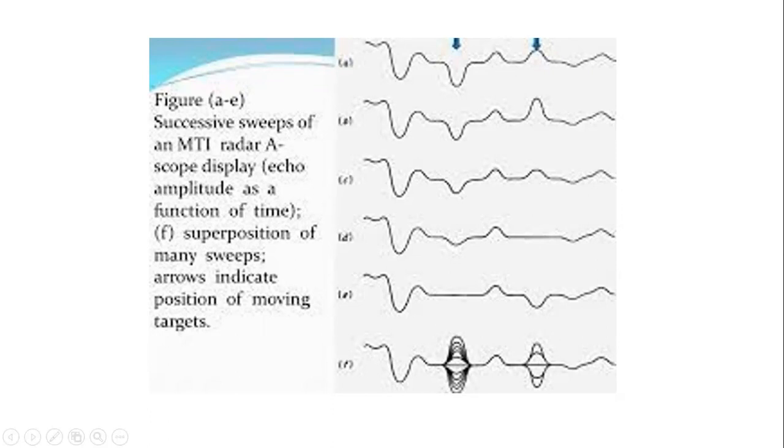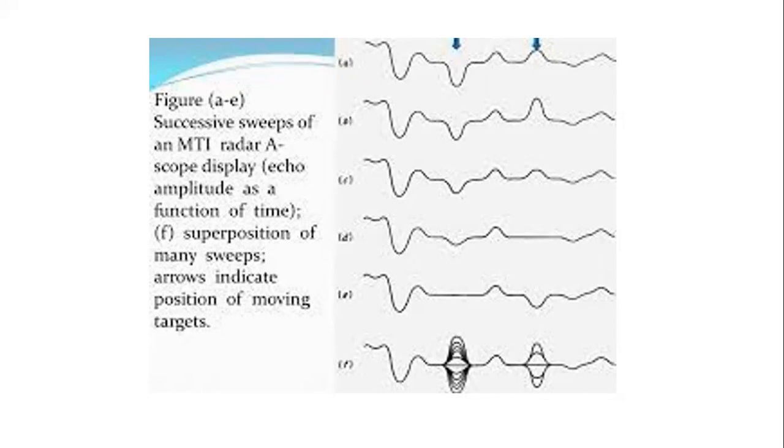What is it? Basically, wherever you get the fixed output from A to E, that is the stationary objects. But where the target is moving, you will find a change in graphs A, B, C, D, and E. Again, where the object is stationary, you will find the same graph, but where the target is moving, there you will get the information like moving. You will find there is a variation in the graph.